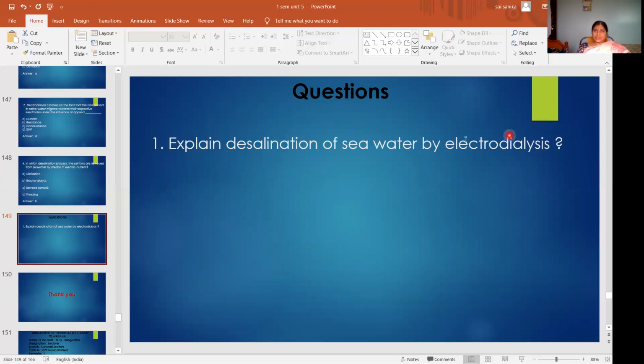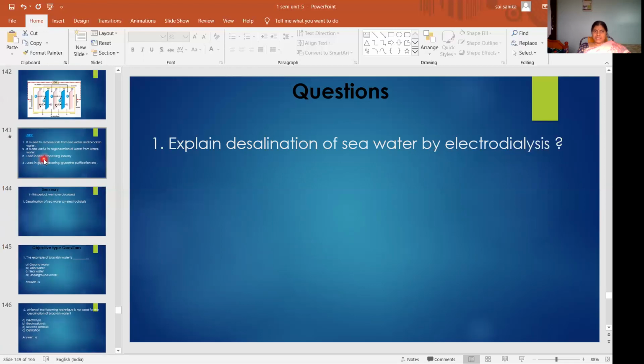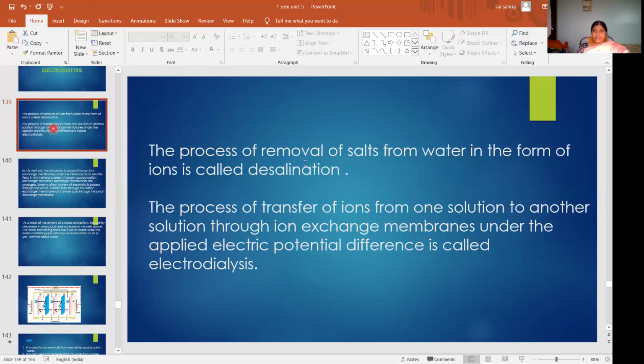The process of movement of ions from one solution to another solution through ion exchange membranes, that is cation exchange membrane and anion exchange membrane, under the applied electric field, that is electric potential difference, is called electrodialysis.